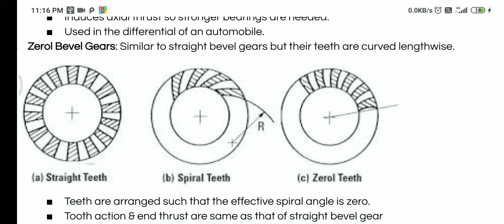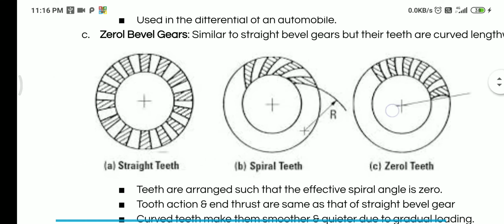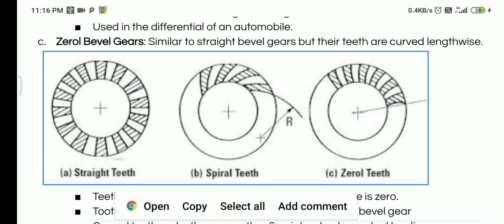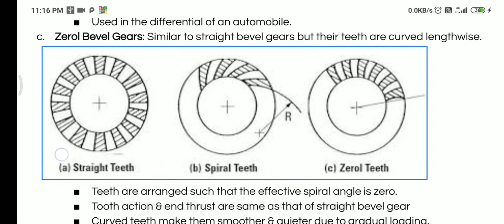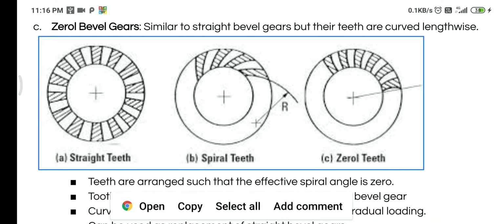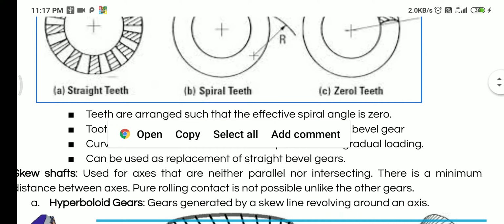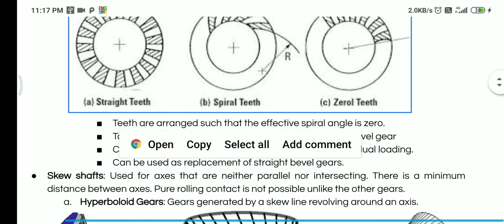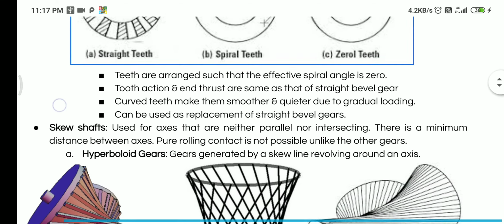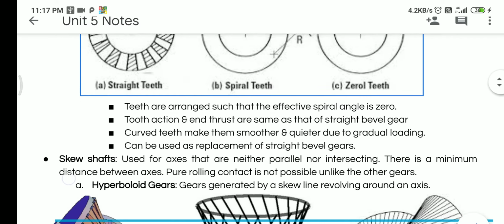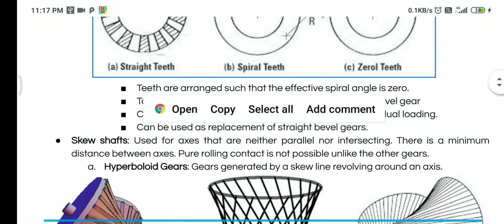Here in the Zerol teeth, of course, you can see the path is along a circle, but the radial line that you see, the beginning of the teeth and end of the teeth, they are happening on the same line which is coming from the center. That is not the case in the spiral teeth. So Zerol teeth, that's why I'm telling you that it's a hybrid between the straight teeth and the spiral teeth. It has advantages of both straight teeth and the spiral teeth.